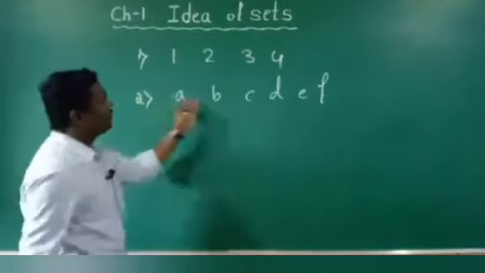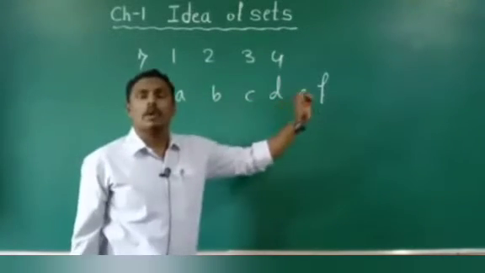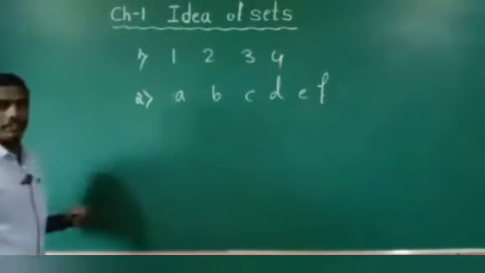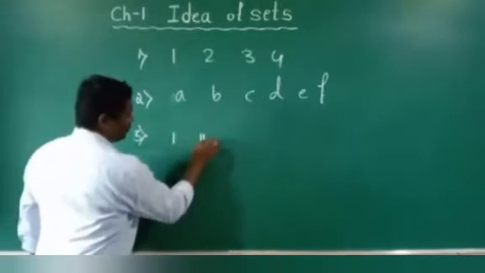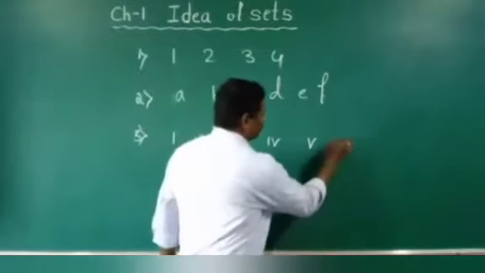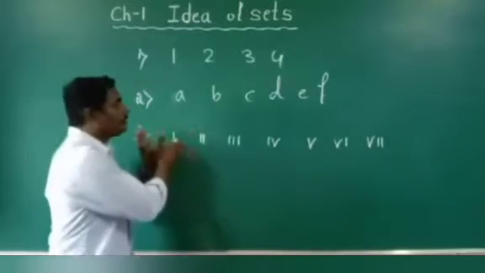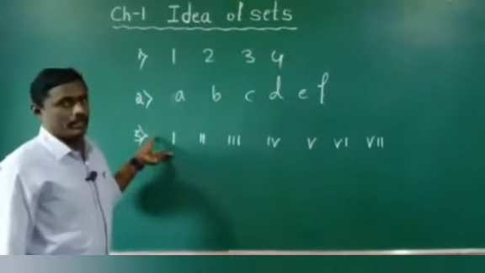The second example is a collection of small alphabetical English letters. Third example, I, II, III, IV, V, VI, VII. So these are a collection of Roman numerals, Roman numbers, right?